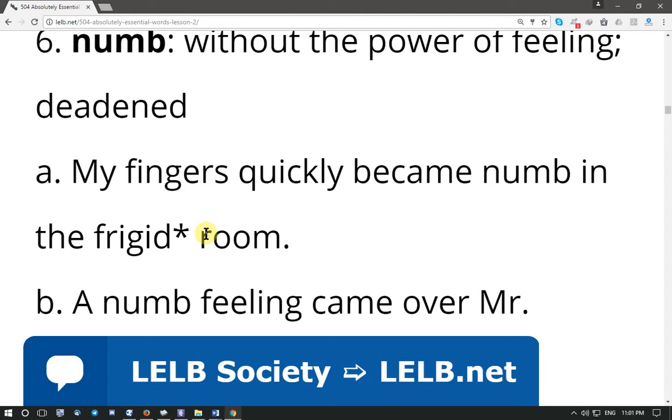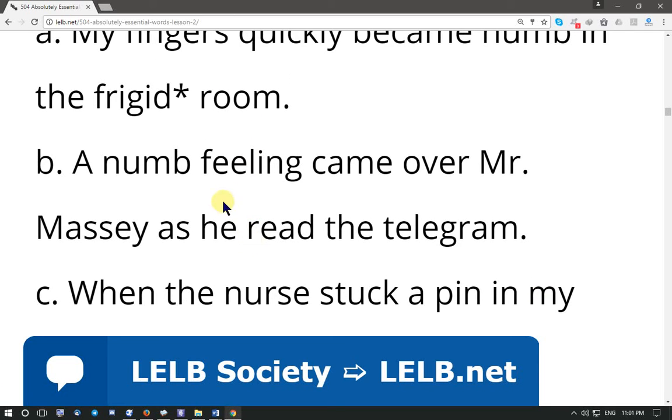So it was so cold and my fingers just went senseless or numb. A numb feeling came over Mr. Massey as he read the telegram. A numb feeling or dizziness, also you can say, came over or overwhelmed.